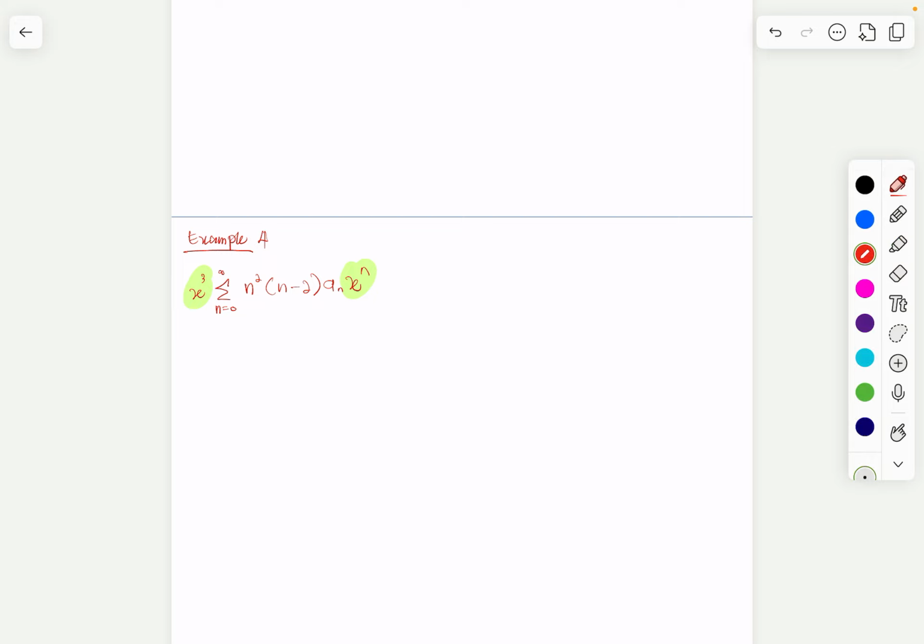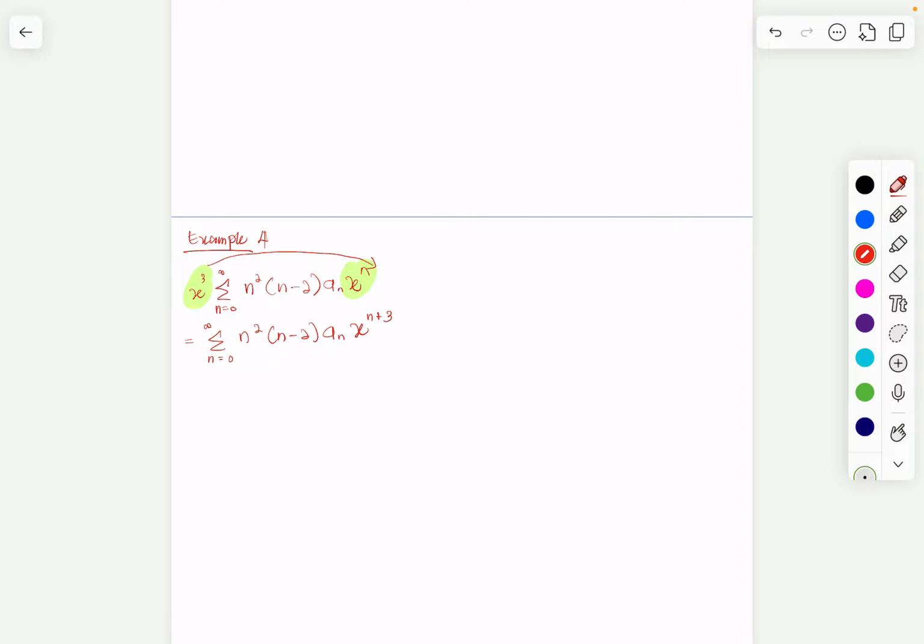So we need to combine this x first. We need to bring the x to the power of 3 inside the series. This gives us n squared, a subscript n minus 2, a subscript n, and then x to the power of n and x to the power of 3. It means the same as x to the power of n plus 3.